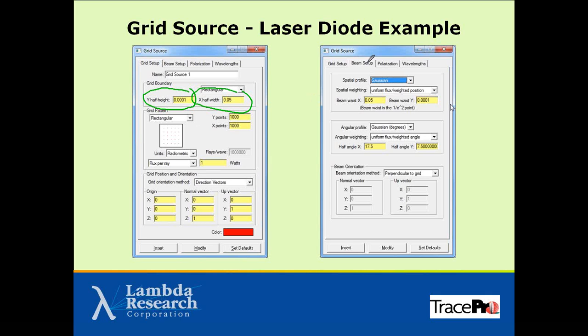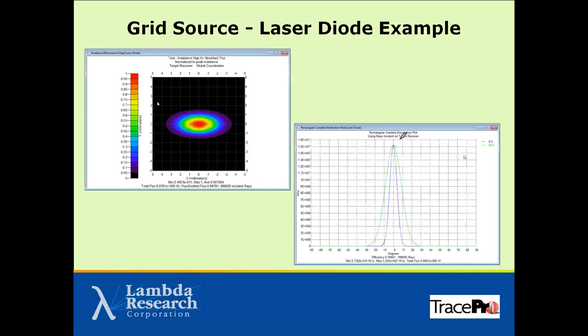We can click over next to the beam setup tab. In this case, we're doing a laser diode, so we want a Gaussian profile on the spatial, define the X and Y beam waist, and then also a Gaussian distribution on the angular. So 17.5 degrees in the X, 7.5 degrees in the Y. Run this ray trace, and these are the resulting images we'd see. We trace the light to a target.